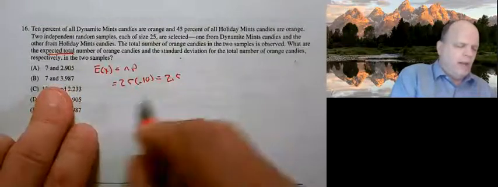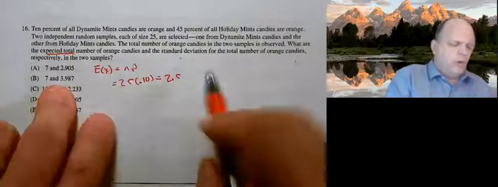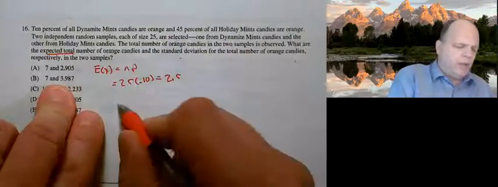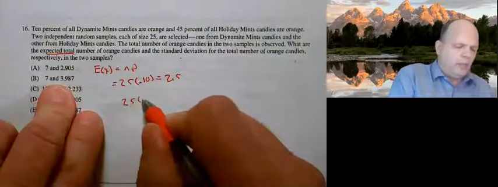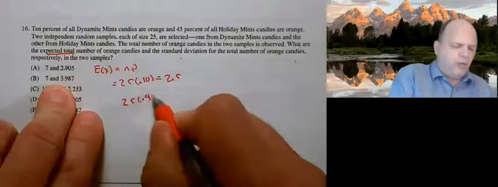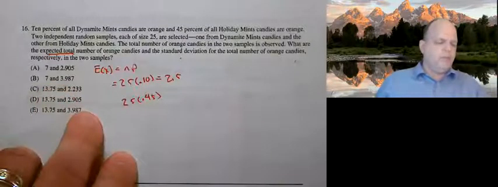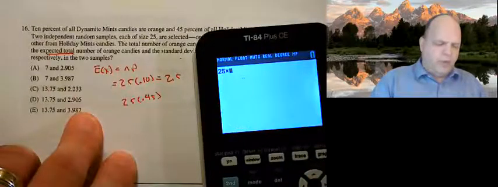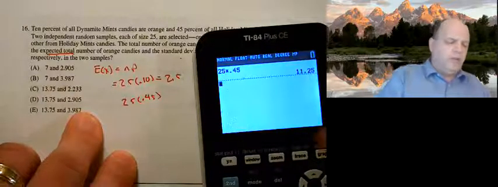For the next one, we also have a sample size of 25 and a probability of 0.45. So 25 times 0.45 is 11.25.